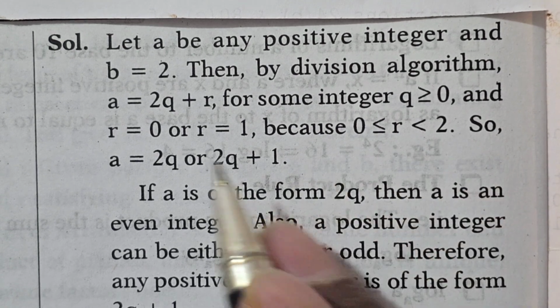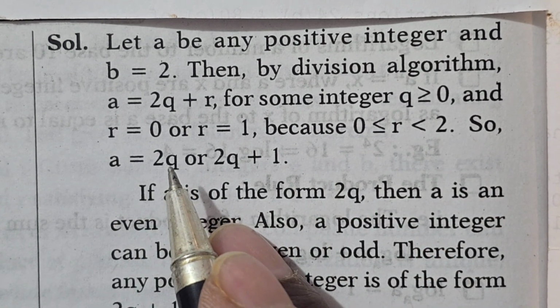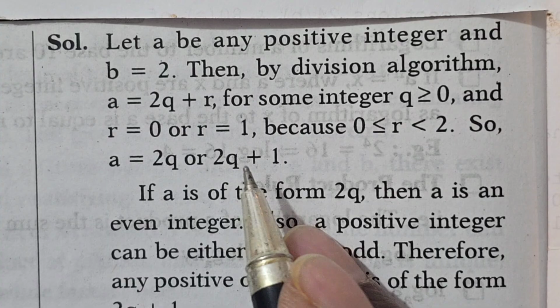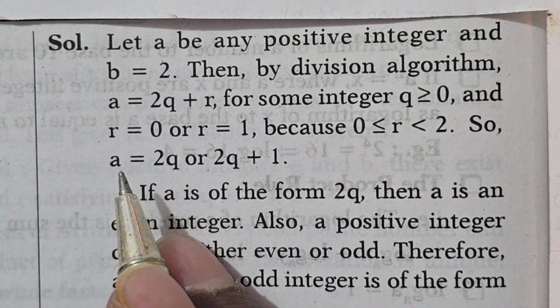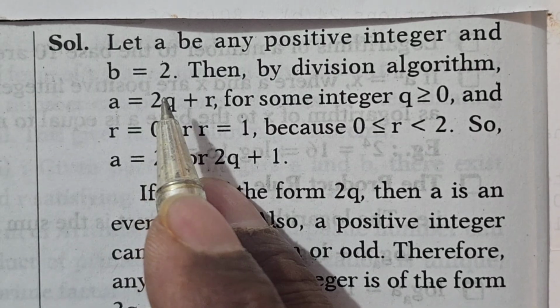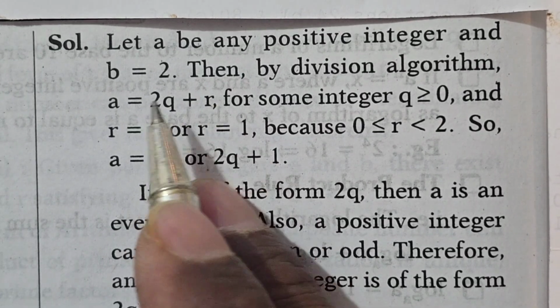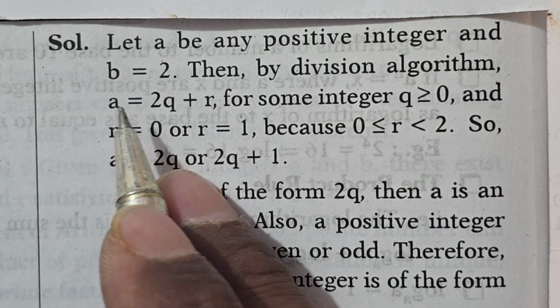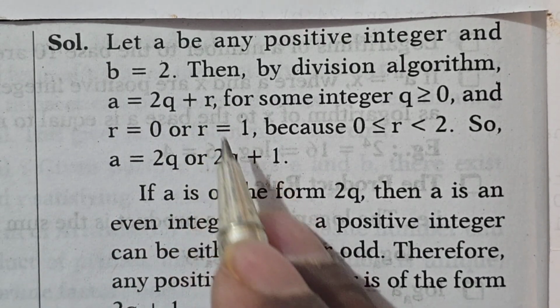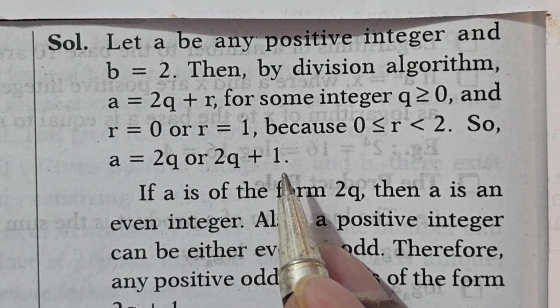So we can write a equal to 2q or a equal to 2q plus 1. If r equal to 0, a is equal to 2q. If r equal to 1, a is equal to 2q plus 1. We get these two values only.